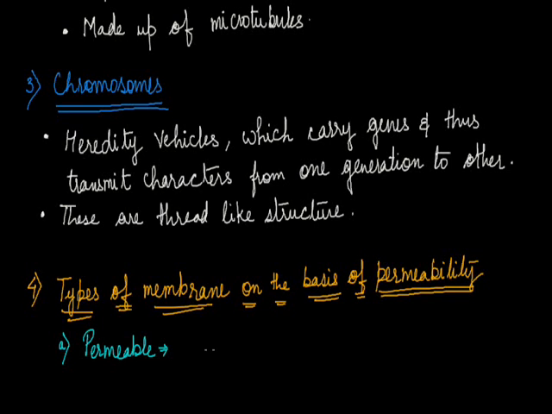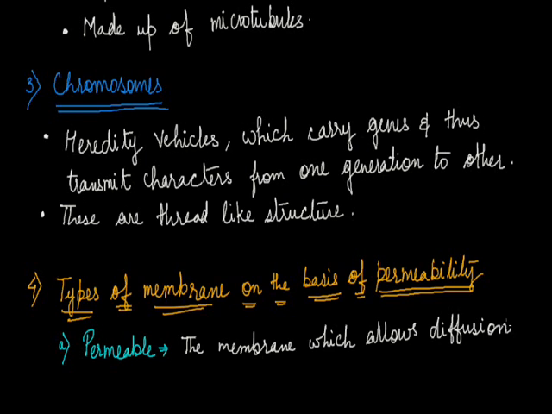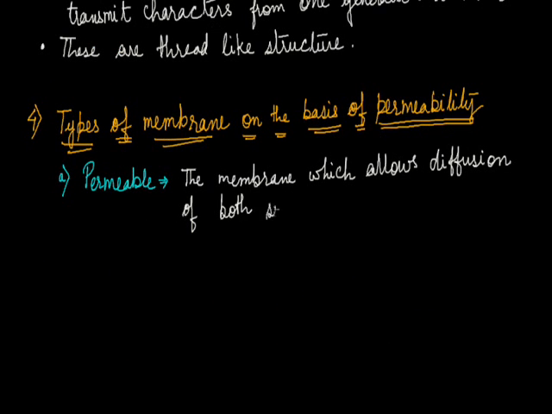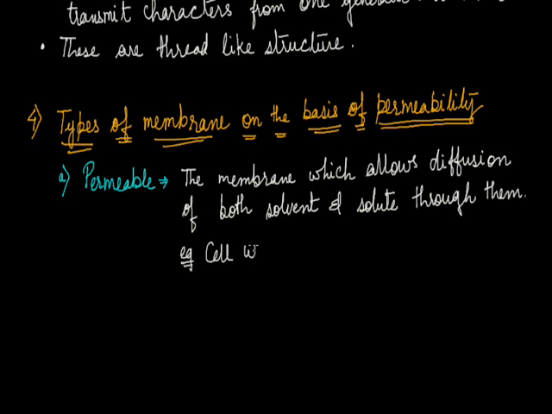Example of it is the cell wall. We have also discussed this property when we were studying the cell wall, that the cell wall of plant cells is permeable, which allows the diffusion of solvent as well as all the solute molecules through it.